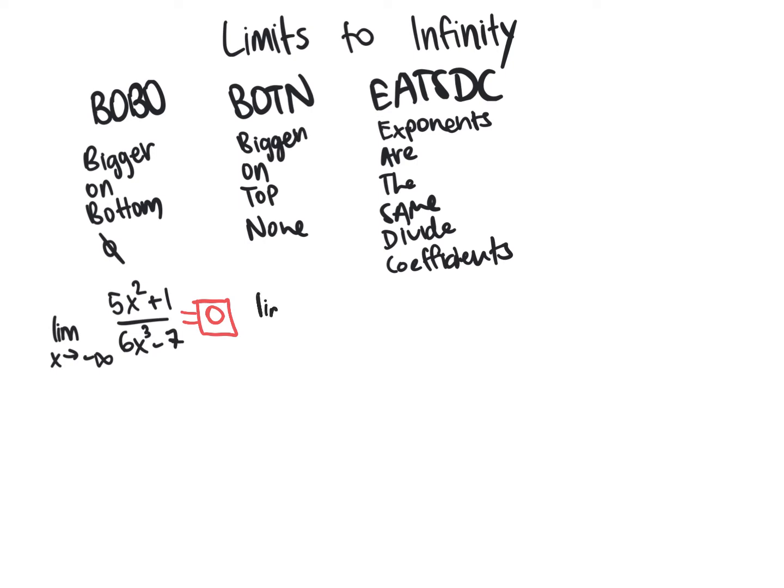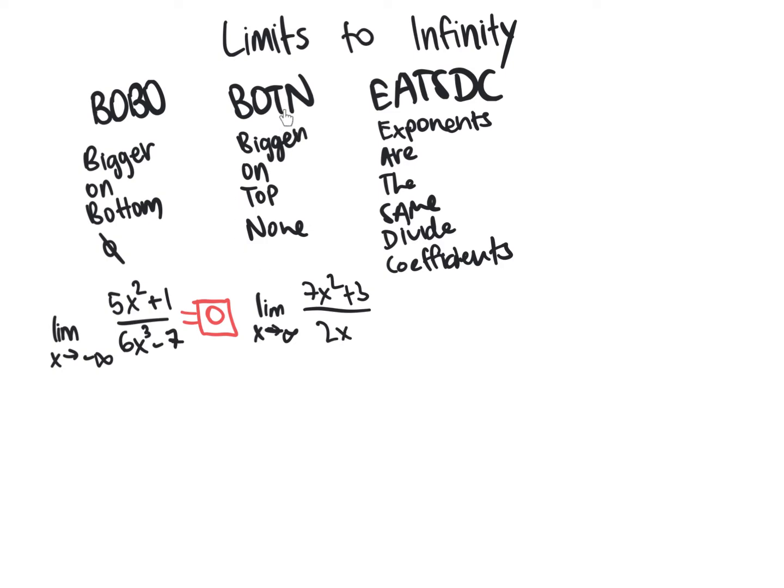Let's look at another one. Let's say limit x goes to positive infinity, and now let's make our function 7x squared plus 3 over 2x. On the top here, our biggest degree is 2, and on the bottom, our biggest degree is 1.